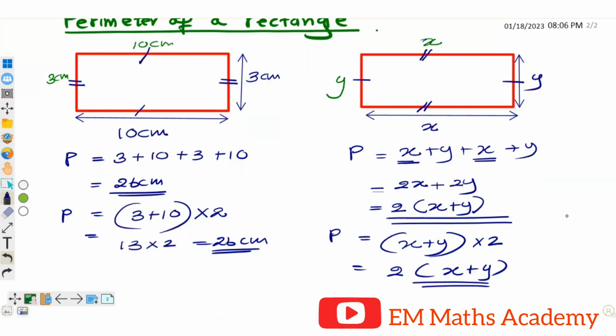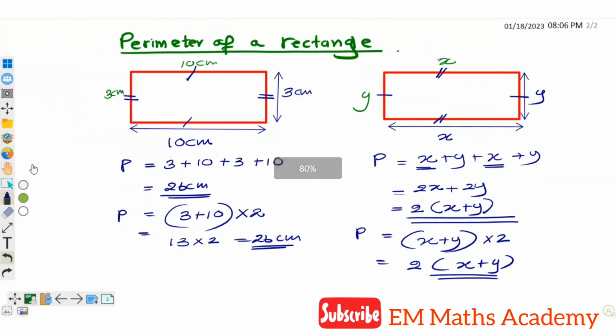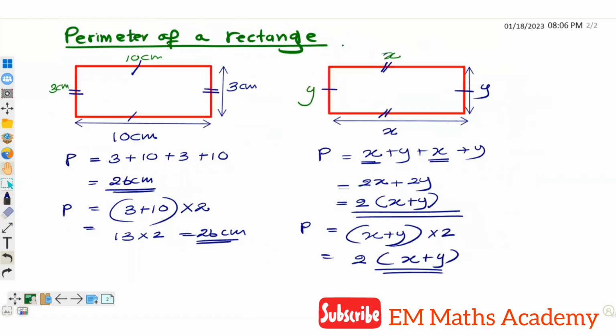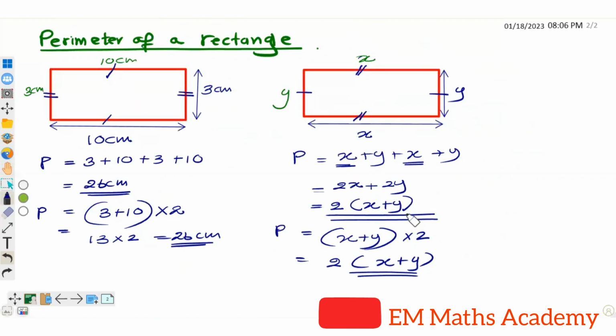Remember that in the previous case also, I forgot to mention that the expression we obtain for the perimeter P is used as an equation to find the perimeter of a rectangle.